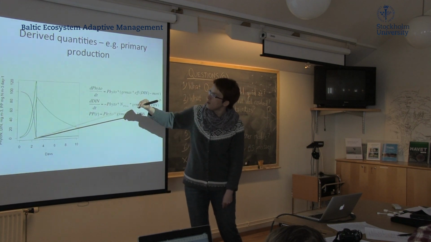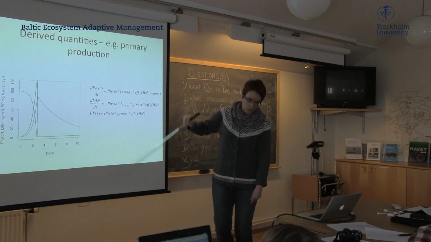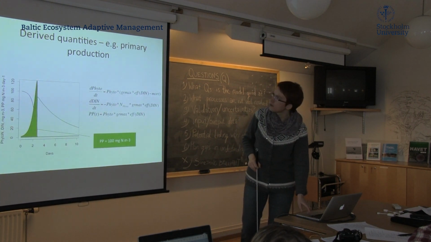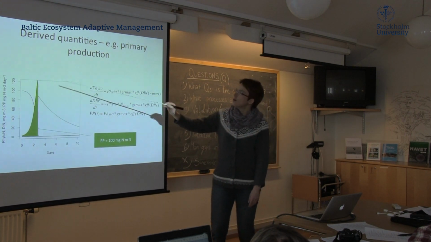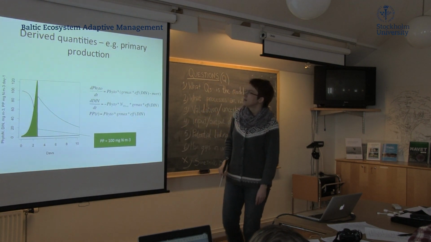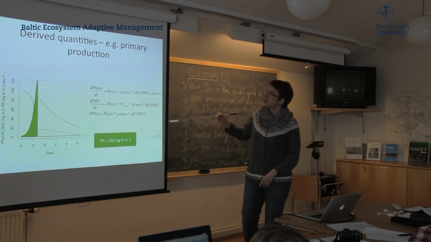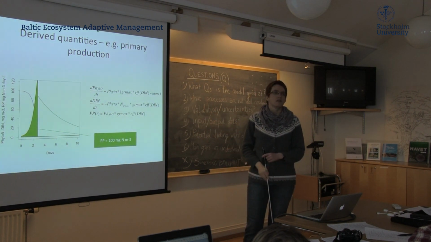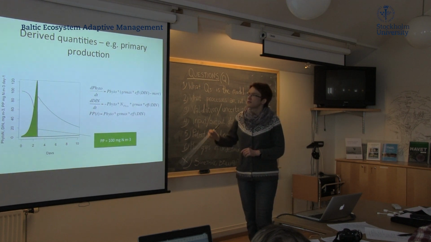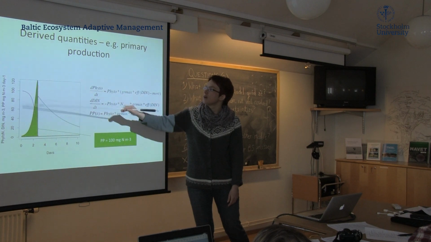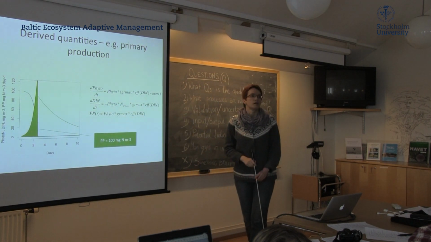to 0. If you want to know how much was produced in total, you basically take the integral of this primary production curve, and if you express phytoplankton and primary production, everything in nitrogen units, it's exactly the amount of nutrient that you had in the model from the beginning.